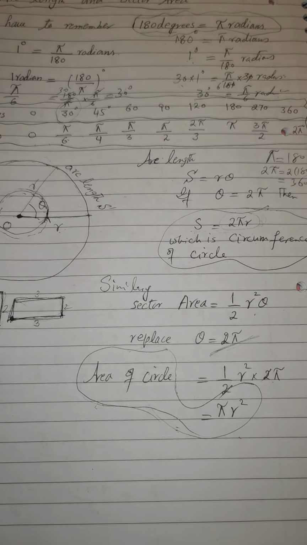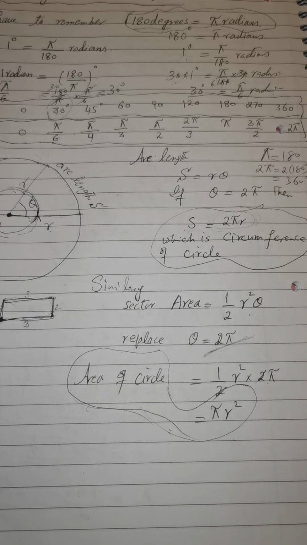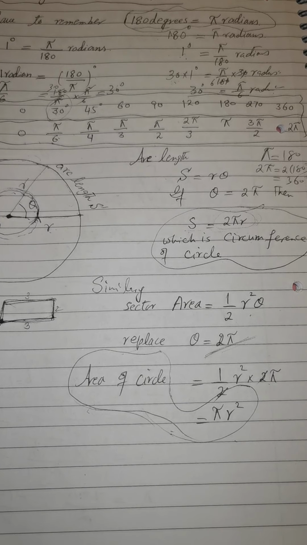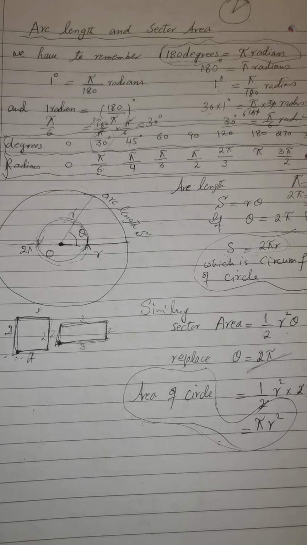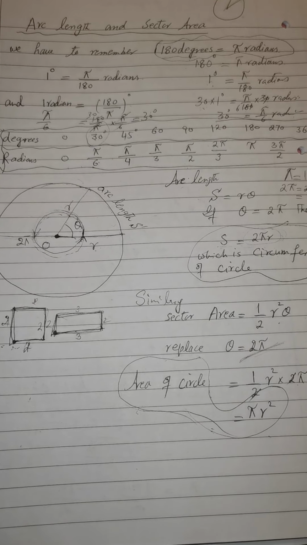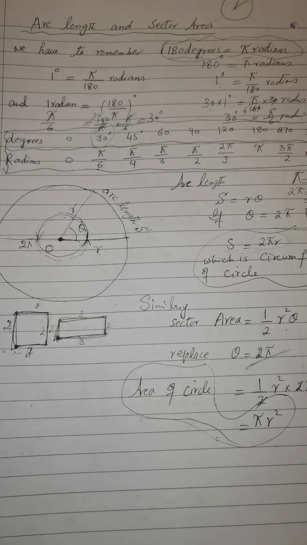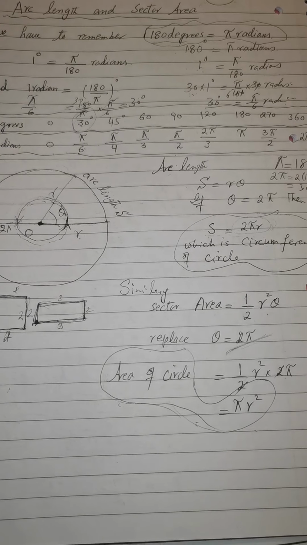So the sector area is equal to half r square theta, and when I replace theta by 2 pi, I get the area of the whole circle, which is pi r square. These formulas are very important when we study circle related problems. So you have to memorize these formulas.